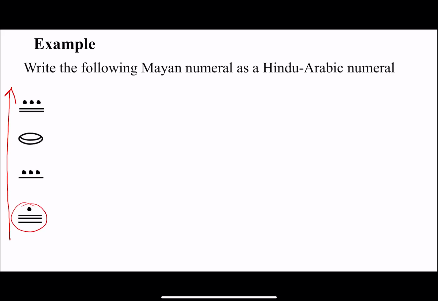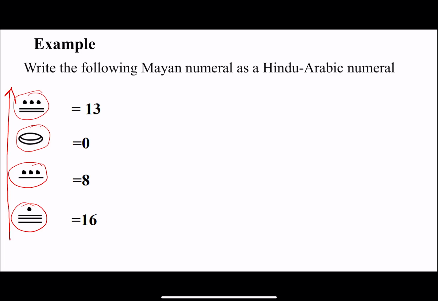We have three lines. Each line represents 5, right? So 3 lines is 15 plus 1 is 16. Look at the second one. You have one line, which is 5, plus 3 dots, that's 8. The third one is the symbol for 0. And the last one, we have two lines. Each one represents 5, so 5 and 5, 10, plus 3 dots is 13, right?